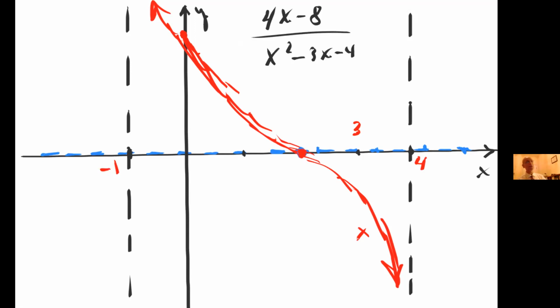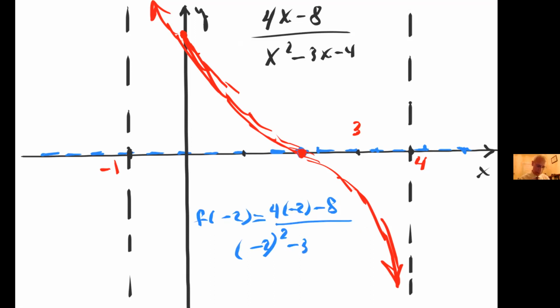If I go to the left of -1, let's say -2, f of -2 equals 4 times -2 minus 8 over -2 squared minus 3 times -2 minus 4.